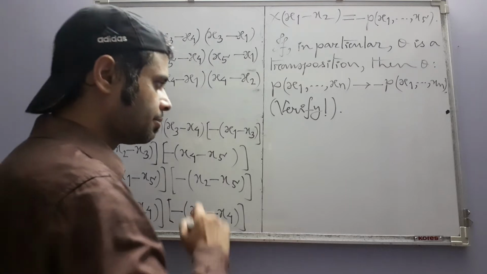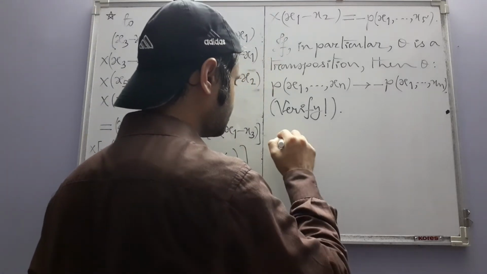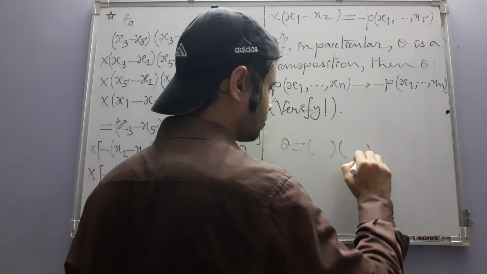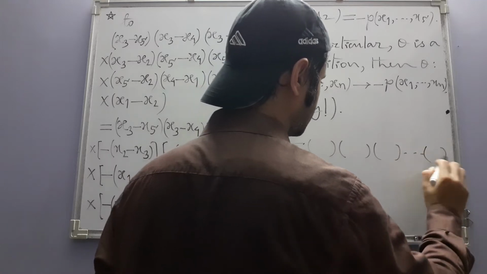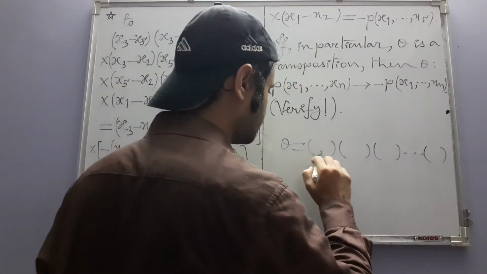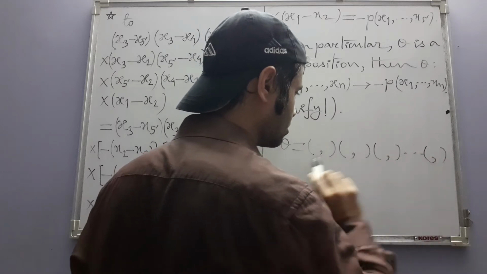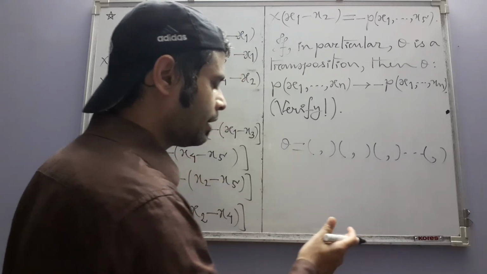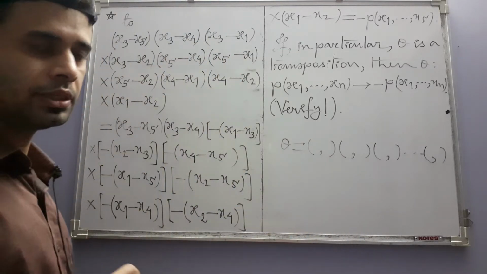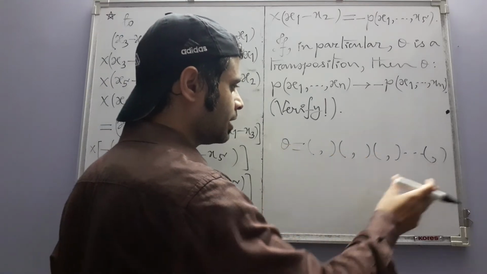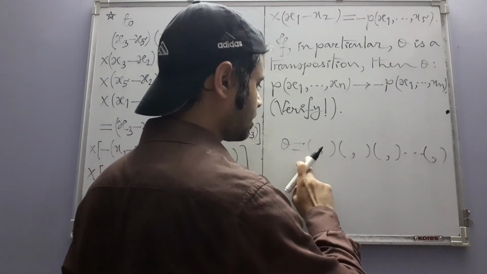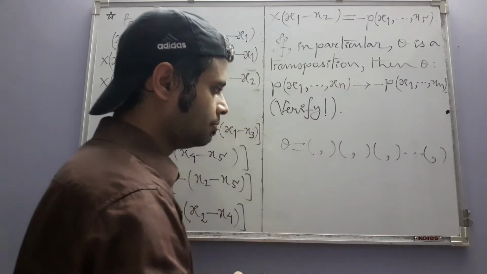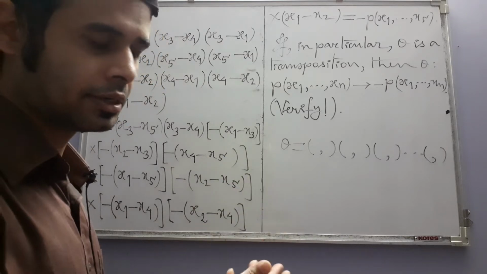That simply means that if you express theta as a product of transpositions, say such an expression is there, such an expression of course will be there, that's what we saw in the previous video also, then instead of applying theta at once to the polynomial p, you can apply theta in stages, by first applying one transposition to p, and then the next one, and then the next one.